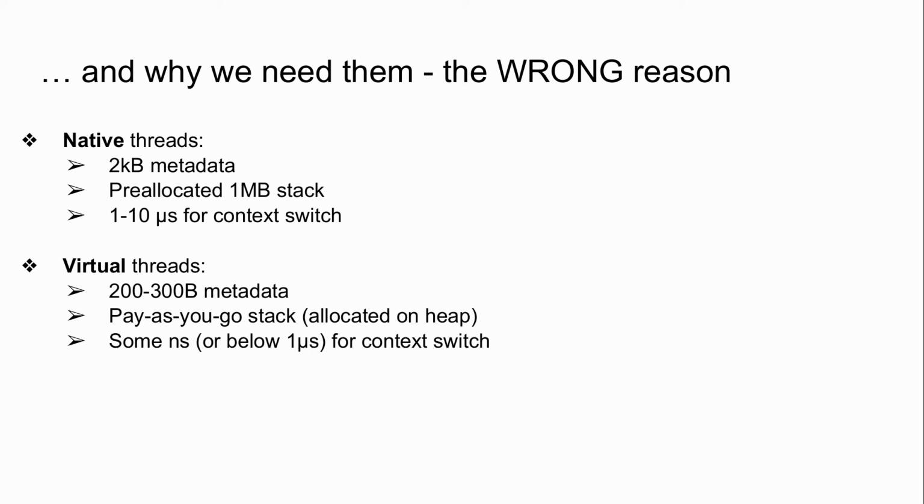This is one small difference in memory consumption, but the biggest difference is how the stack is allocated. When you create a native thread, you have to pre-allocate the whole space in memory that is necessary for a stack. Regardless of whether you have a stack that is 2 methods deep or 2,000 methods deep, you have to pre-allocate 1 megabyte of memory, reserved to that thread.